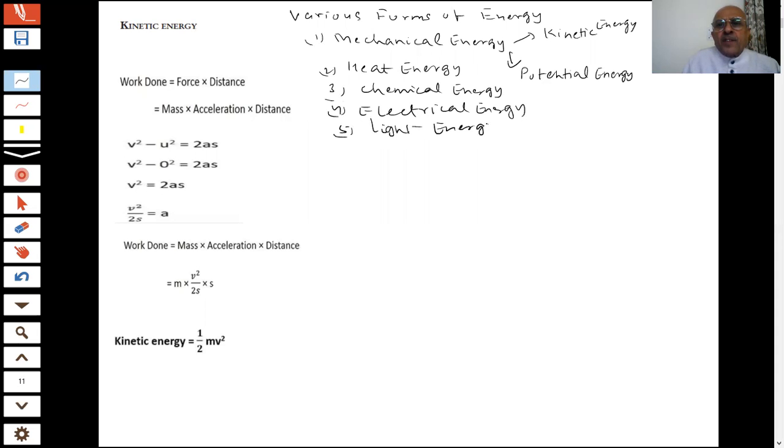Our main interest in this chapter is mechanical energy. In this chapter, we will be learning mainly two most important mechanical energies: one is the kinetic energy and second is the potential energy. If you want to learn more about this, you can read it.